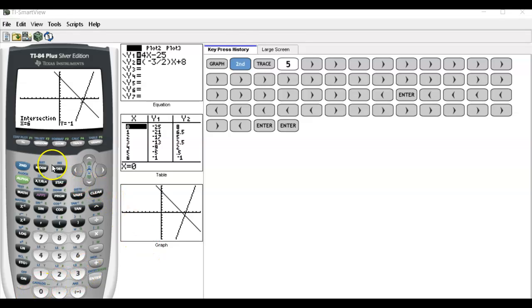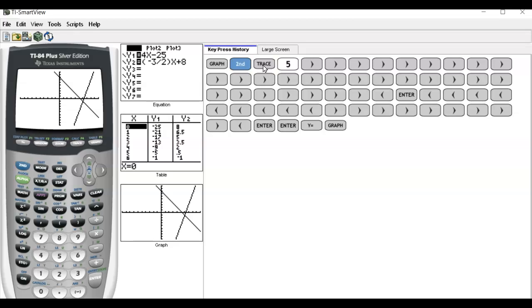Okay, so to quickly recap, what we had to do first was put our equations into slope-intercept form, y equals, so we solve for y. Entered both of them into the calculator, and then we graphed our equations. Then we went second and hit the trace button.